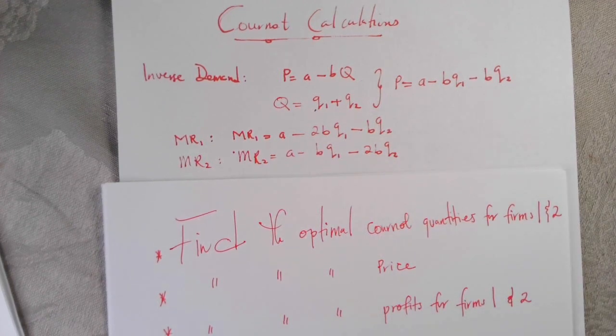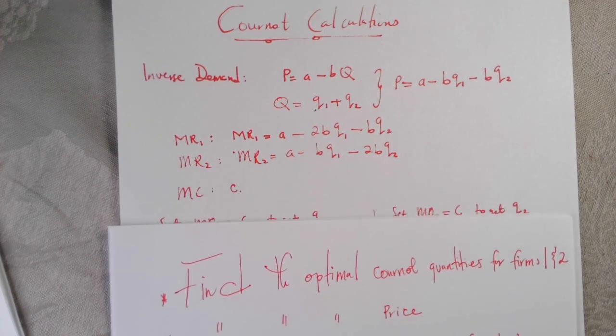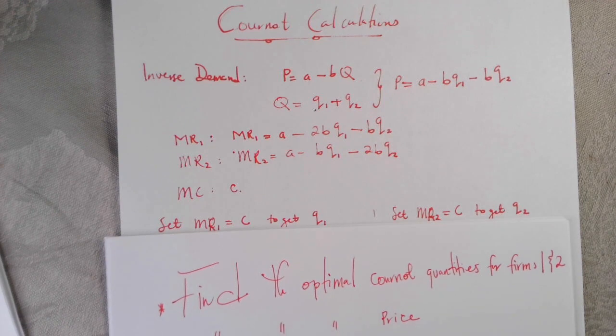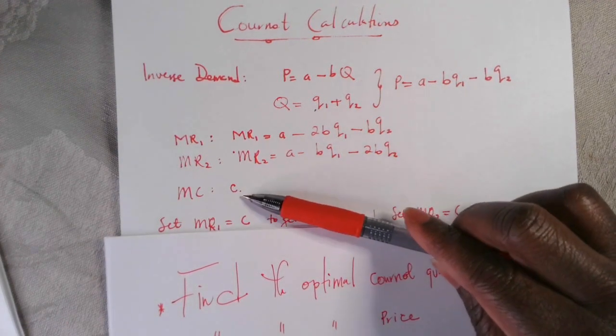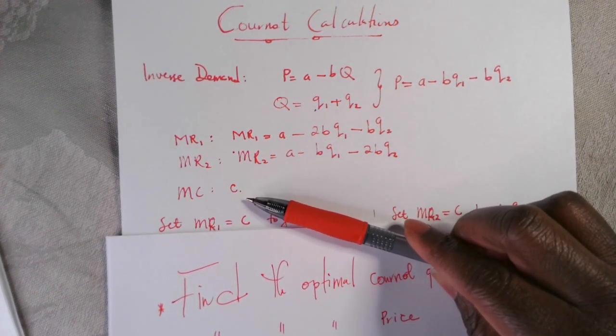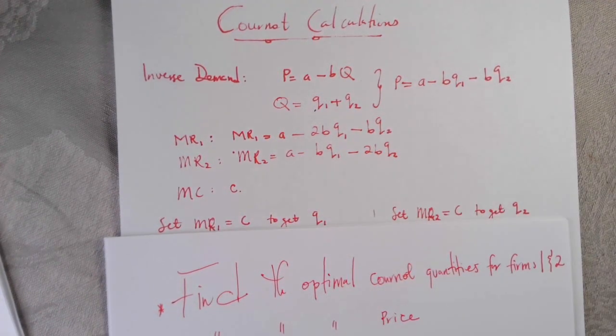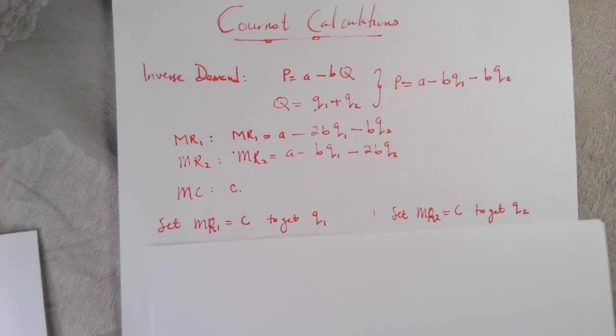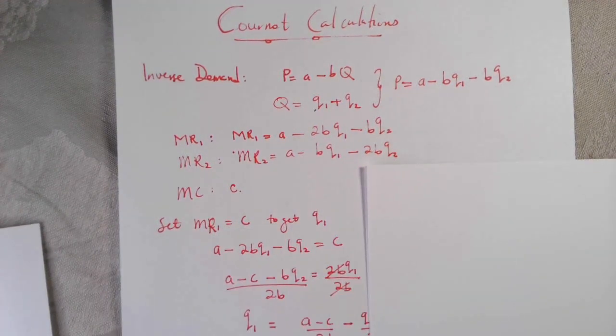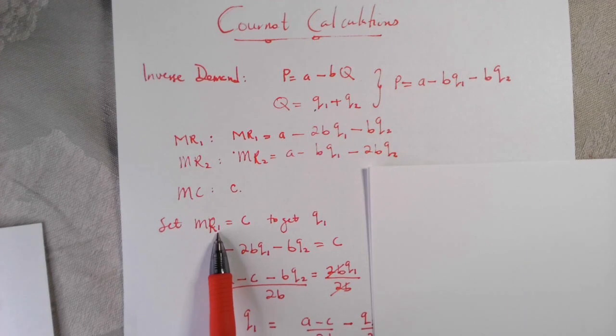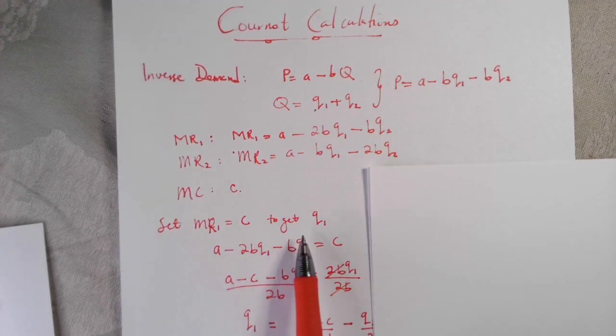Okay, from here, to find the optimal quantities and the optimal price and all that, we have to set marginal revenue equals marginal cost. So say first, let's assume that both firms have the same marginal cost. So MC equals C here. Now, we first set marginal revenue for firm 1 equals that marginal cost to get Q1.